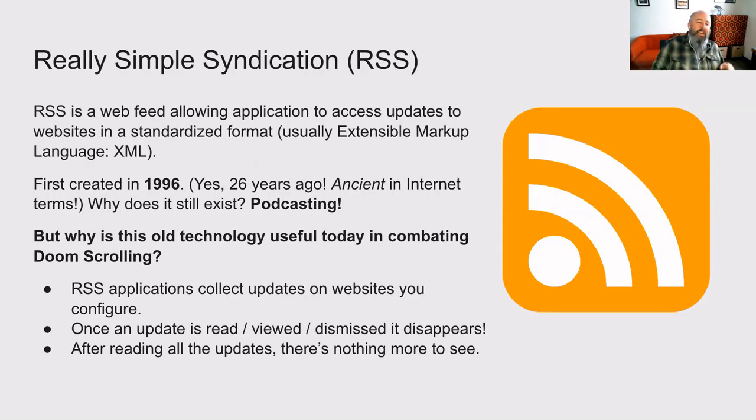So what is RSS? There are a couple of different interpretations of the abbreviation, but really simple syndication is the most common. Basically, an RSS feed is an XML file that's automatically generated by a website, and it lists just the new content on the site.